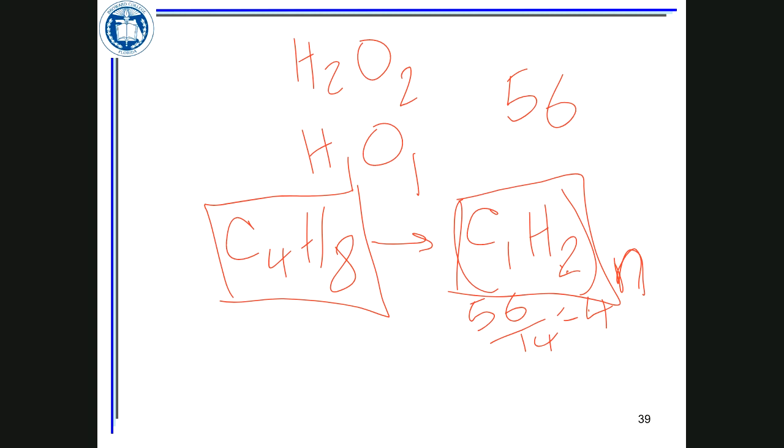I want to just mention that molecular weight can be determined with the experiments that you learned in general chemistry, like freezing point depression, where you use naphthalene as a solvent and you add the unknown, and the more the freezing point is depressed, that means the molar mass is less, or using the gas laws to find the molar mass.